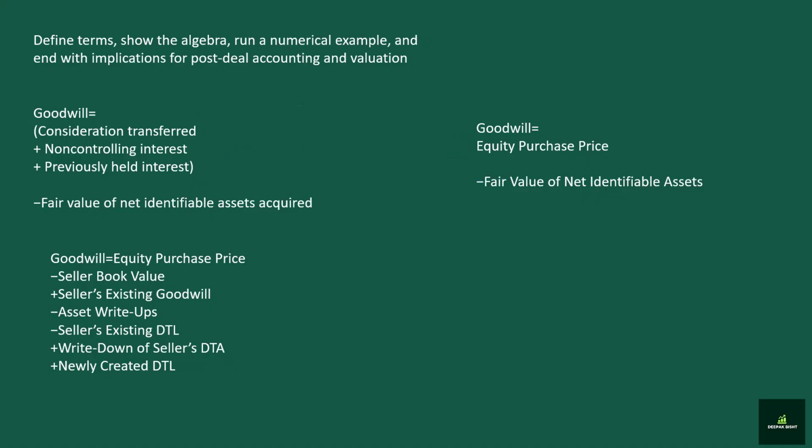Understand this? From the equity purchase price, we subtract the fair value of all the net identifiable assets acquired, because if you remember, we discussed purchasing. When we do a purchase, goodwill is created because of the difference between the market value and the book value.